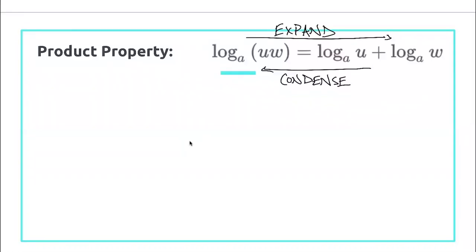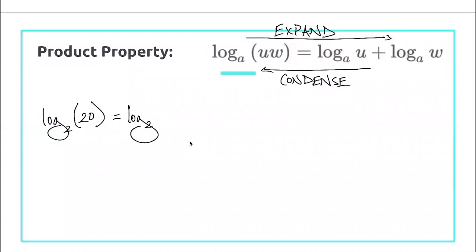Okay. So let's write out one number example for ourselves. Log base 2 of 20. Can someone tell me another way that I could write that if I wanted to expand that logarithm? Log base 2 of 2 plus log base 2 of 10.